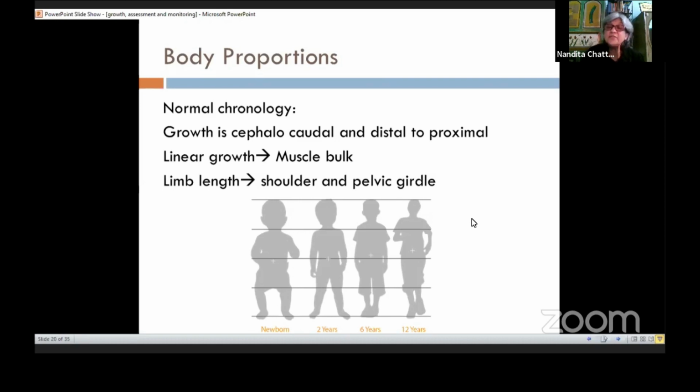I repeat, a human being doesn't grow like a football as it is blown out. Because it's not just the size, it's the change of proportion that is very important. This picture will show you that if we consider the different body proportions in a newborn, a 2-year-old, a 6-year-old, and a 12-year-old, there are definite differences.